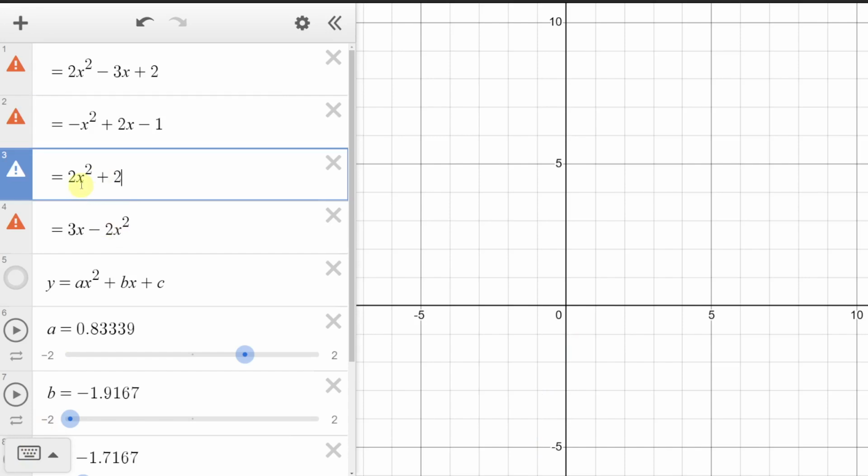In this case, we have 2x squared plus 2. So our a coefficient is 2, it's positive, so the branches of the function go up. Then we do not have a second term like in the functions above. It means that the b coefficient in this case is 0, because if we multiply 0 by x, we get nothing.